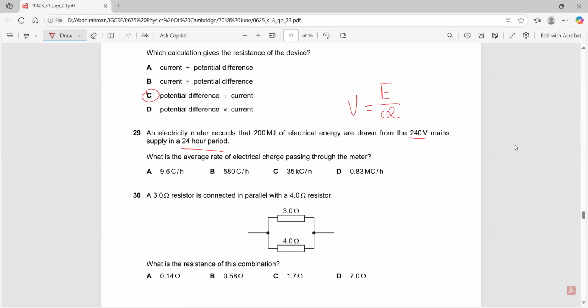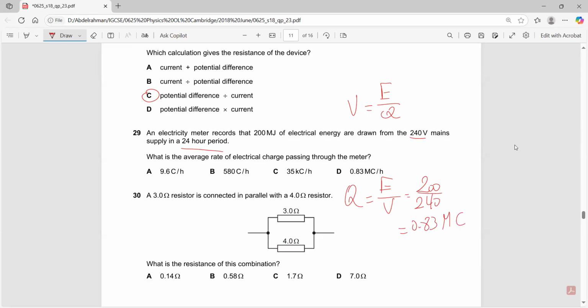Is this correct? No. Why? Because this is over a 24-hour period. So to find the charge, this would be energy over voltage. So 200 over 240 will give you 0.83 mega coulombs, but not per hour.